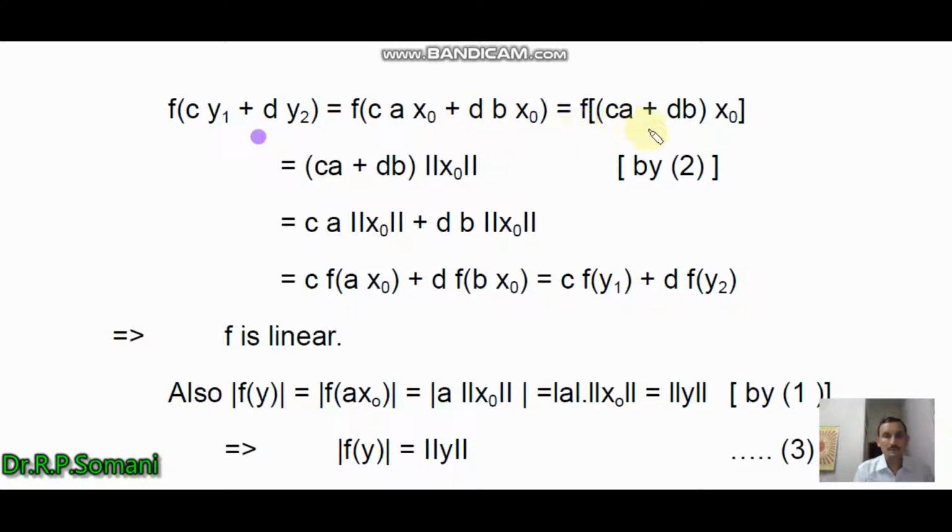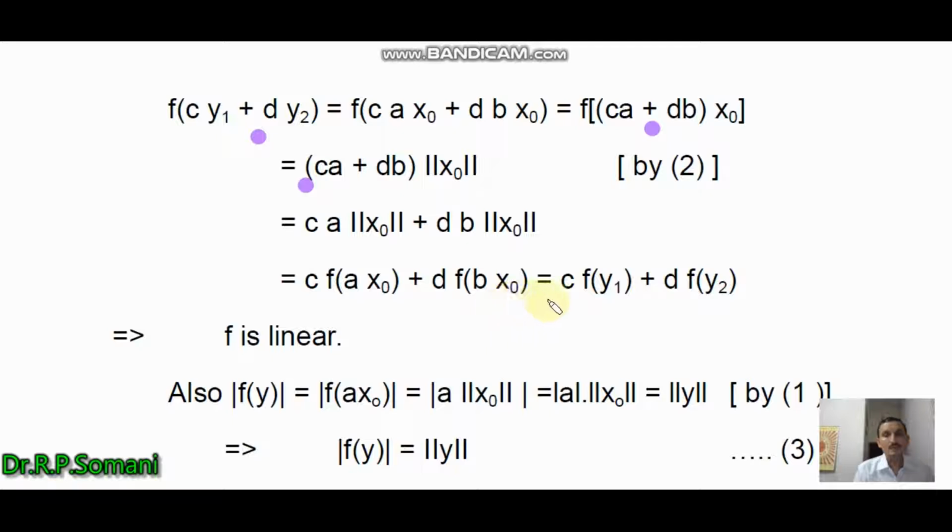After simplification we obtain f of (ca plus db) x0, and this is equal to (ca plus db) multiplied by norm of x0, by definition of f in equation 2. Then after opening this, it is ca norm x0 plus db norm x0, and again using equation 2 for the reverse definition of f, this is equal to c f(a x0) plus d f(b x0), and this is equal to c f(y1) plus d f(y2).